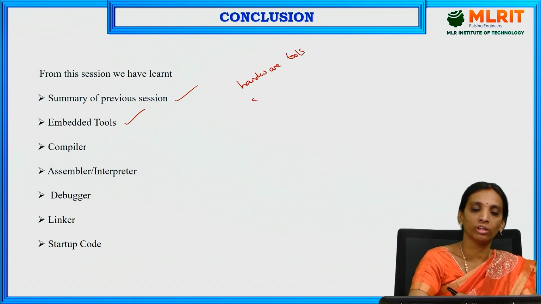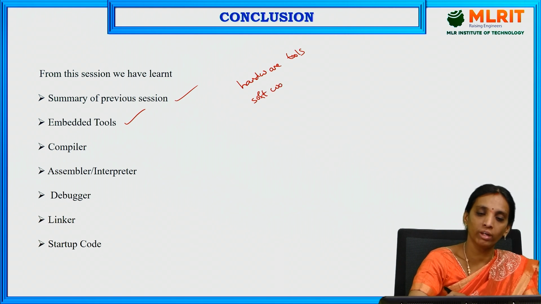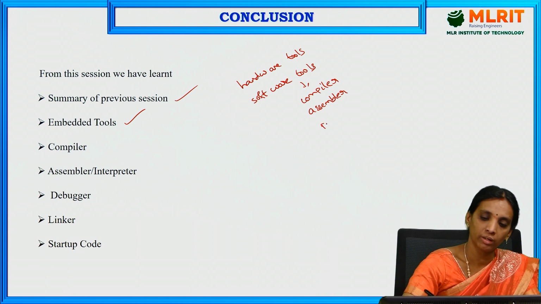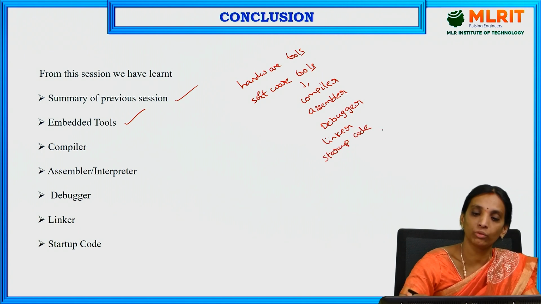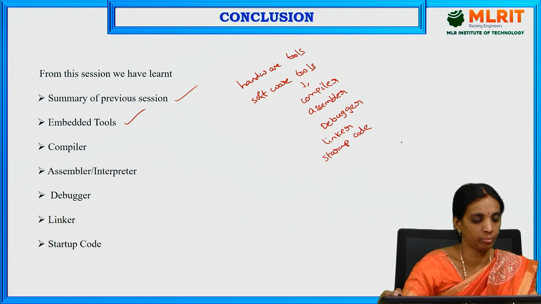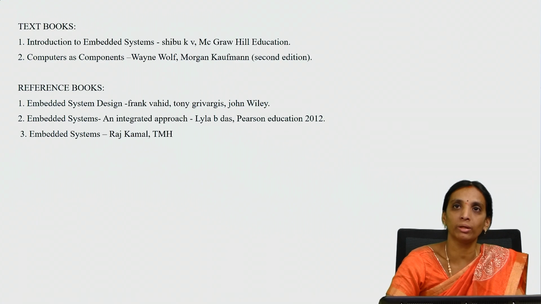In the present session we discussed the software tools used for our embedded systems, like compiler, assembler, cross compiler, cross assembler, debugger, and linker. We also covered what the startup code is, which is used in embedded systems to link up files used on one platform with another platform. So these are the topics covered in the present session. Thank you.